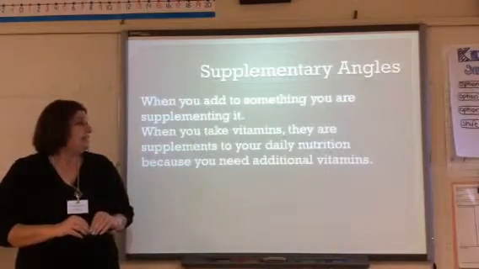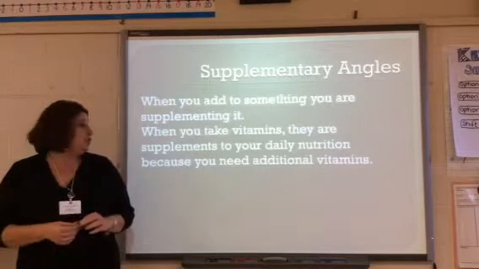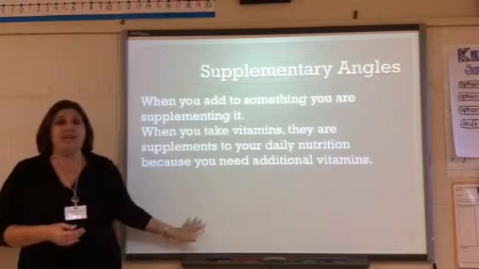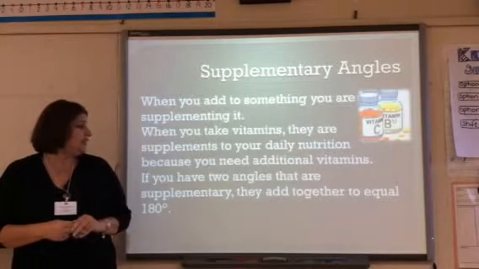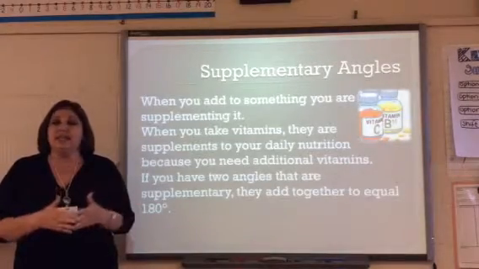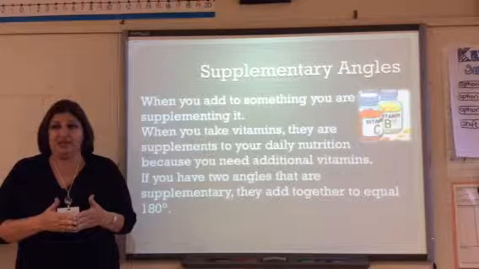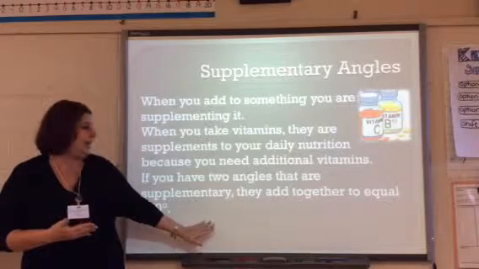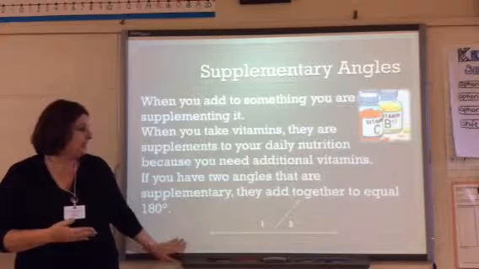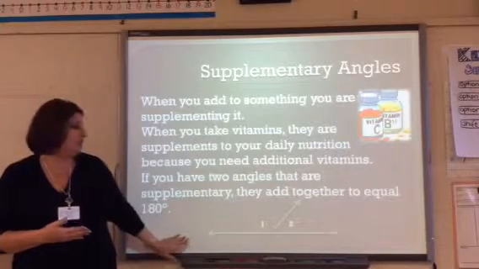When you take vitamins, they're a supplement to your daily nutrition because you need additional vitamins. If you have two angles that are supplementary, they're going to add together to equal 180 degrees. So supplementary angles will get us that straight angle for 180 degrees. These two angles are supplementary.